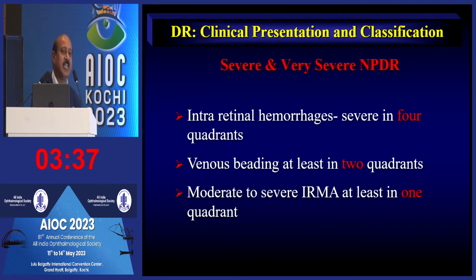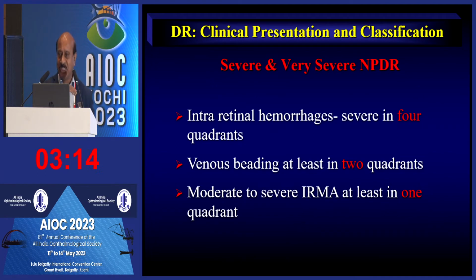Venous bleeding you should be able to identify, if it is present in two quadrants, or moderate to severe IRMA, which I again showed you, in at least one quadrant. If any one of them is present, it is severe non-proliferative diabetic retinopathy. Very simple staging. If two are there, then it is very severe.